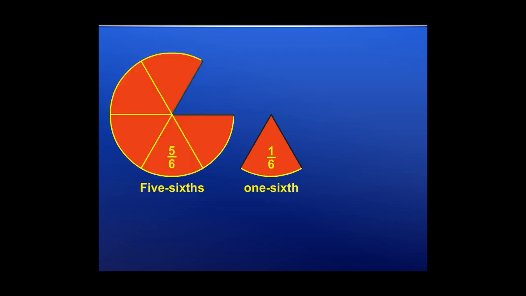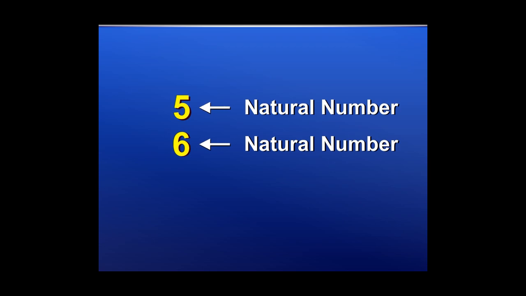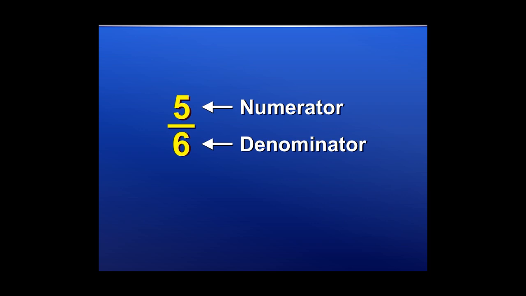1/6, 5/6 and 2/6 are called fractions. A fraction is made up of two natural numbers separated by a horizontal line. The number above the line is called the numerator and the number below it is called the denominator.